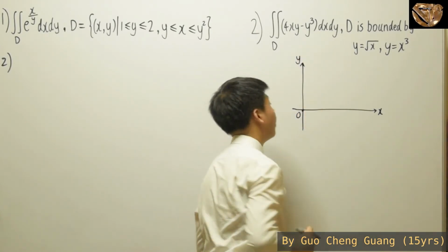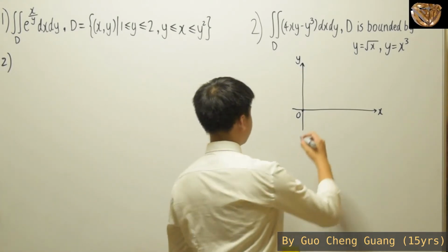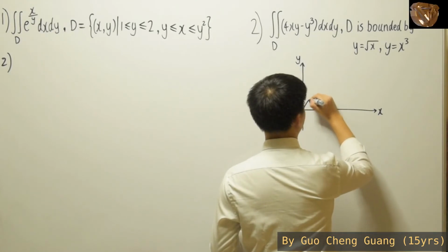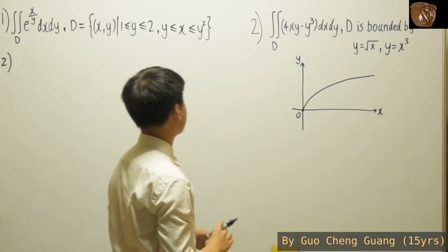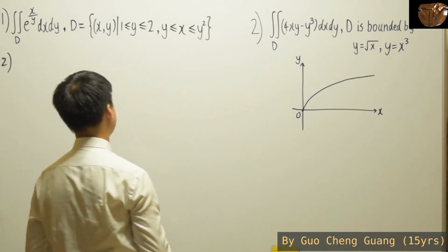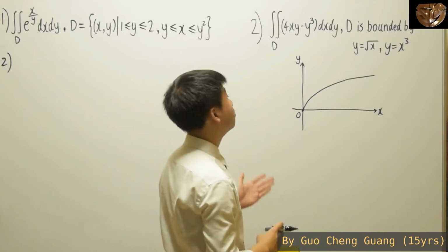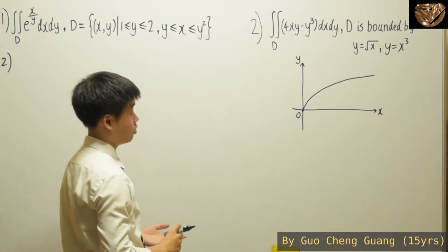So y is equal to square root x. That will look something like this. Similar to the one you have in the previous question, it's just changed a bit, since if you have x equals y squared, y can be negative, but if you have y equals square root x, then y has to be positive.